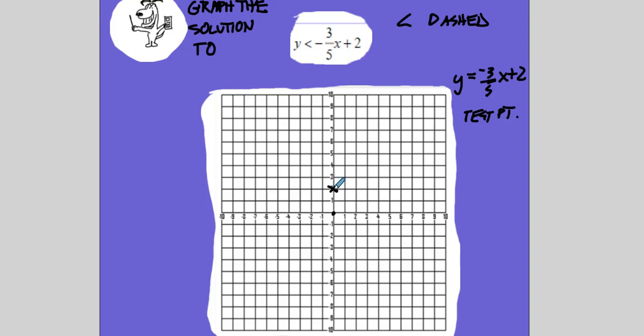And the slope is -3/2, so I'm going to go over 5 and down 3. And I could keep doing that, and I could go back 5 and up 3. Okay, let's put a dashed line through there.